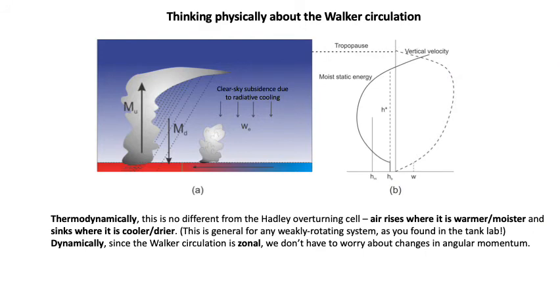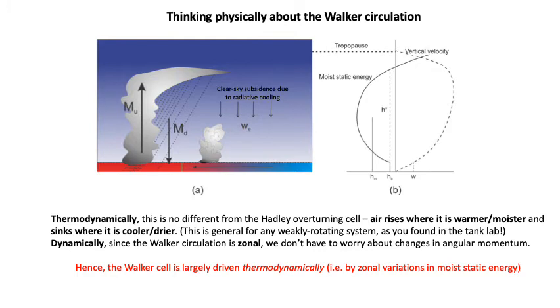Okay, so thermodynamically, again, this is really no different from the Hadley overturning cell in that air rises where it is warmer and moister, and it sinks where it is cooler and drier. And this is pretty general for any weakly rotating system, as you found in the tank lab. The key dynamical difference is that since the Walker circulation is zonal, we don't have to worry about changes in angular momentum or angular momentum conservation, as we've talked about for the Hadley cell and for the monsoon as well.